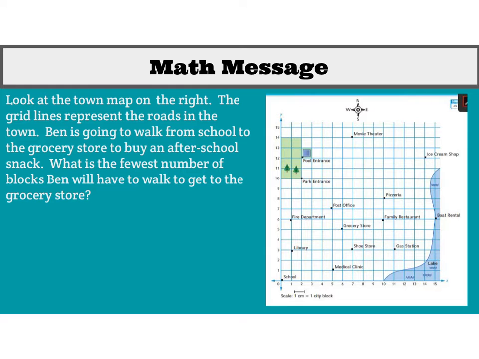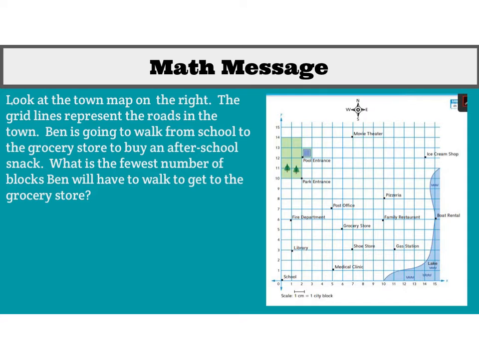Again, we get 11 blocks going either one of those ways. So it's going to take him 11 blocks to get to the grocery store. We can't go at a diagonal. That would probably be the shortest route, but we can't do that with a coordinate grid. We don't do diagonals. So our answer to that question would be 11.